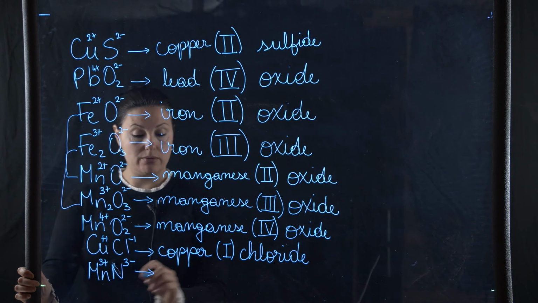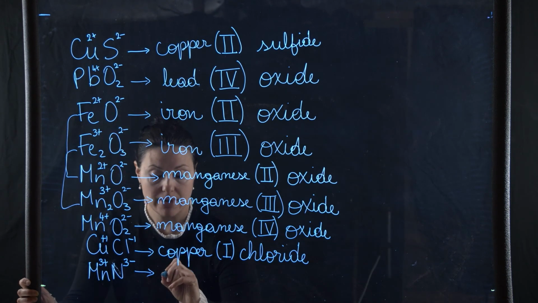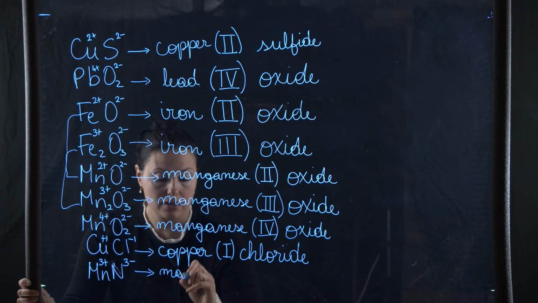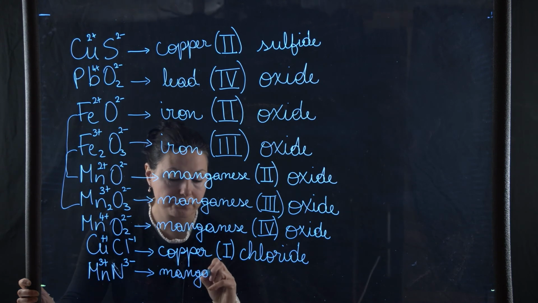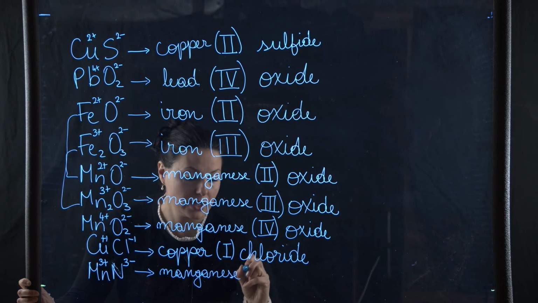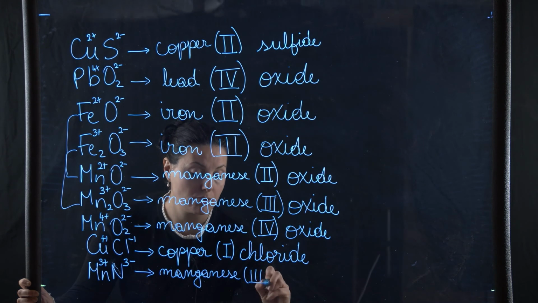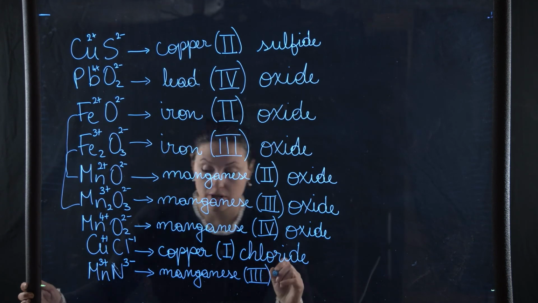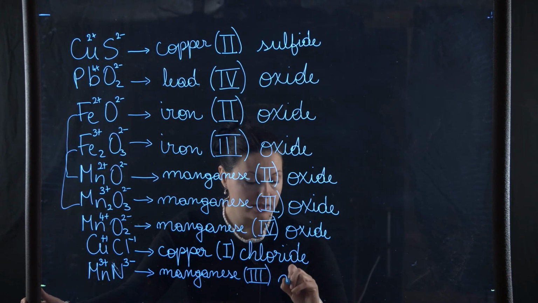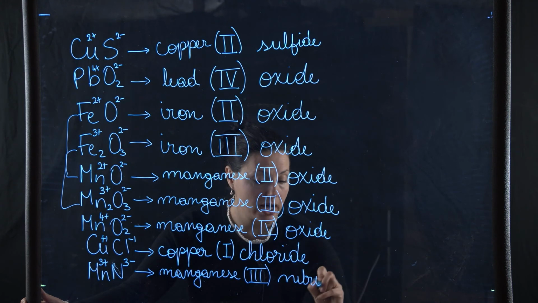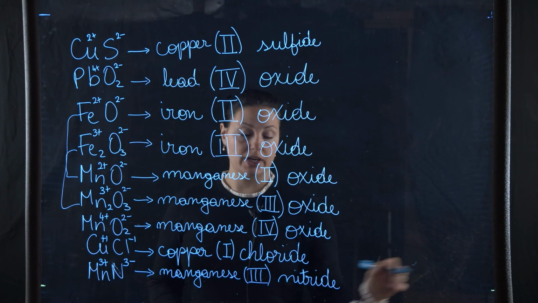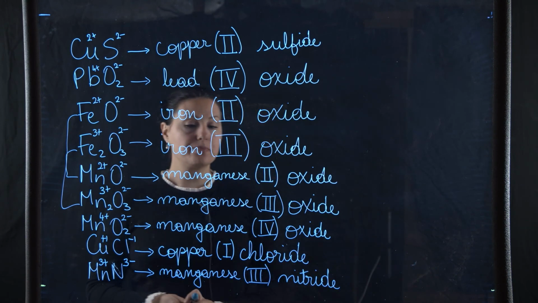So when I write this name out, I would say manganese, Roman numeral 3 for the charge, and then nitride for nitrogen. I cut off nitrogen and I add IDE.